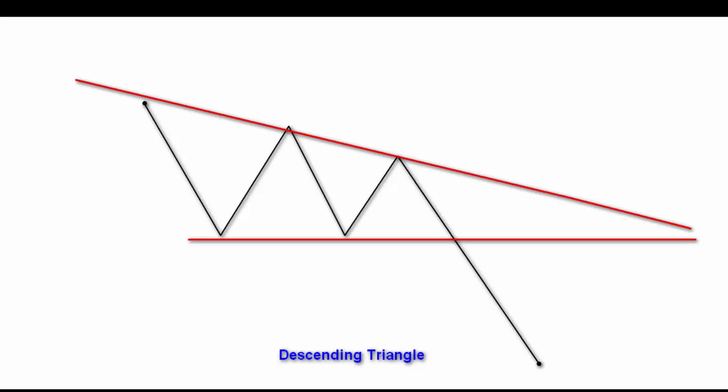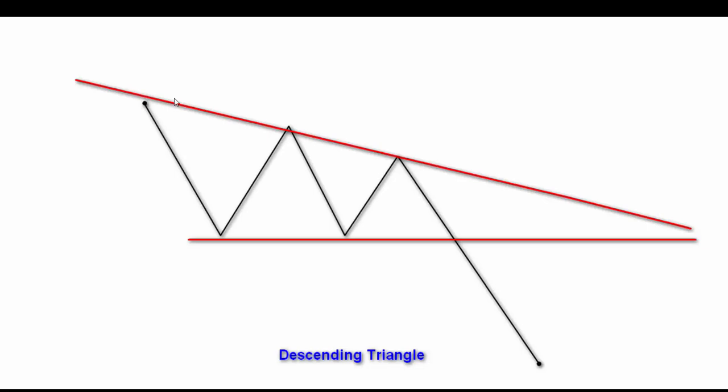We can identify this chart pattern by a horizontal support line here, and a falling down or resistance trend line. This one, a resistance trend line. Same as before, this requires at least 4 points for the validation of that pattern.